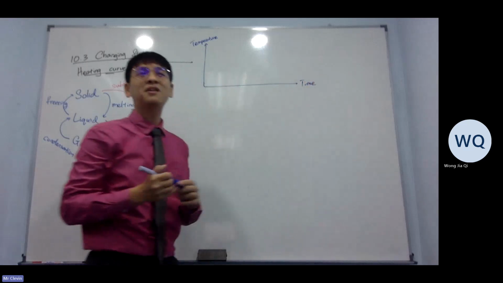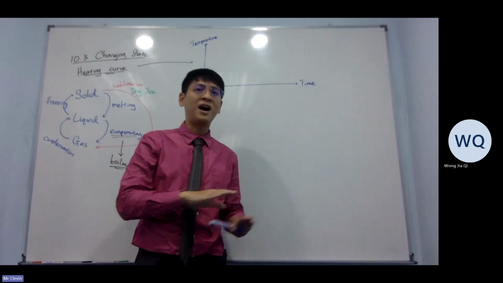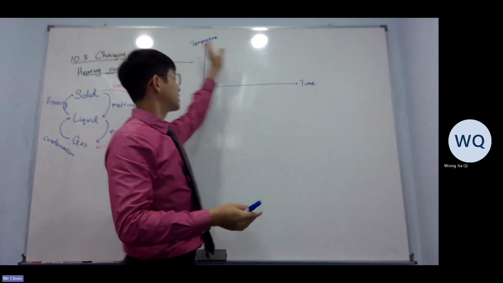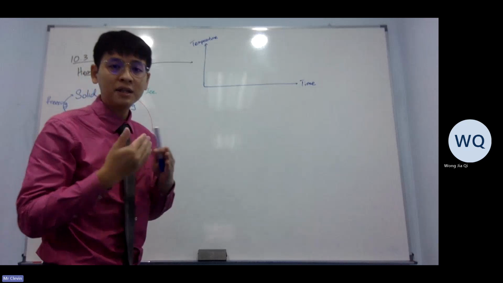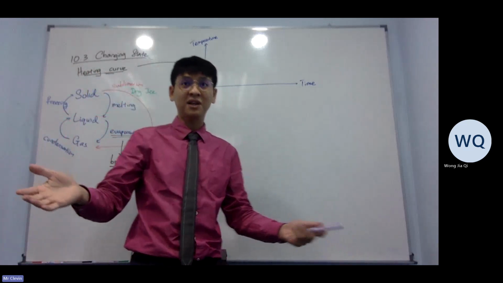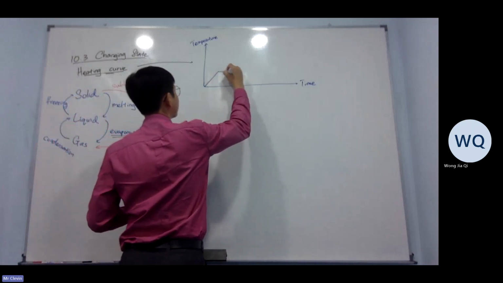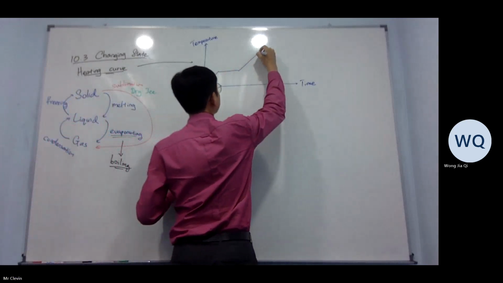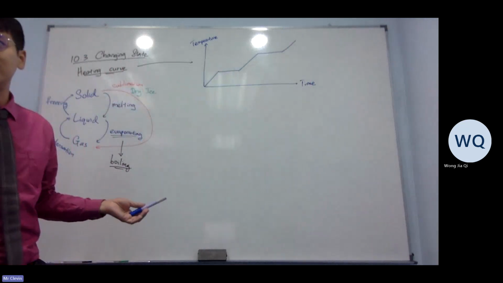I don't put in a unit because it can be in seconds, minutes or hours, anything, as long as it is in this zone. A heating curve is an increase in temperature, definitely, right? So when we increase in temperature, we will have a curve something like this. This is a heating curve.